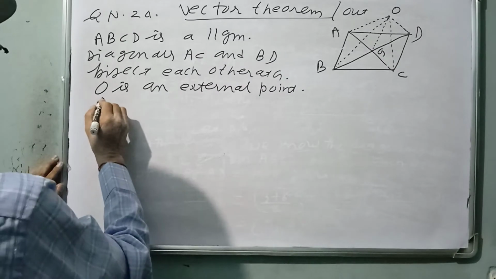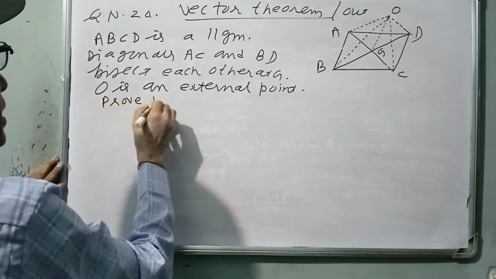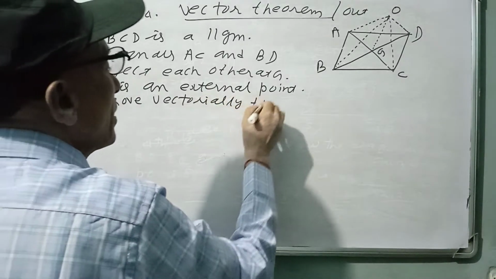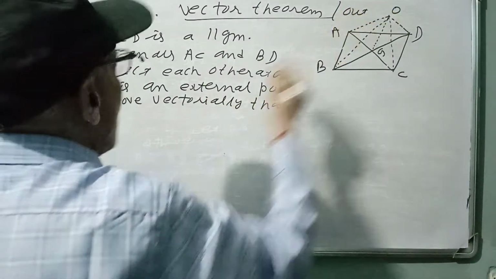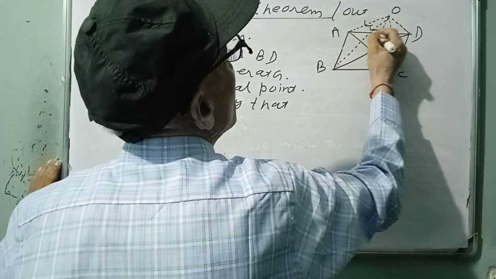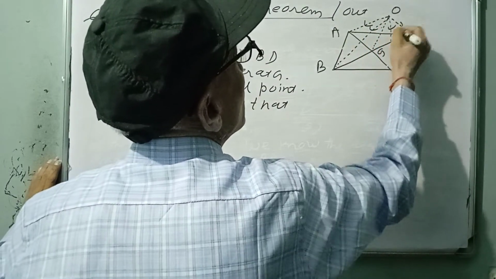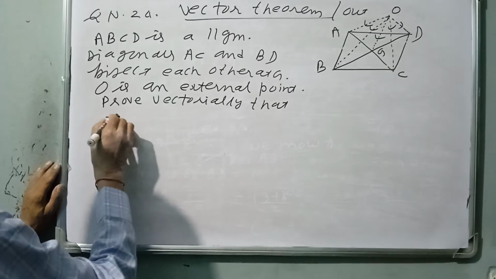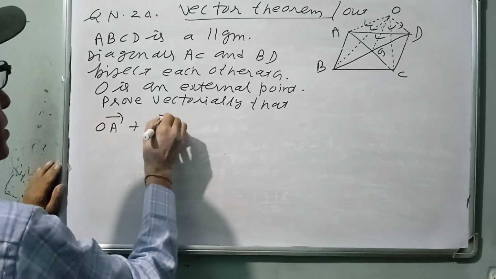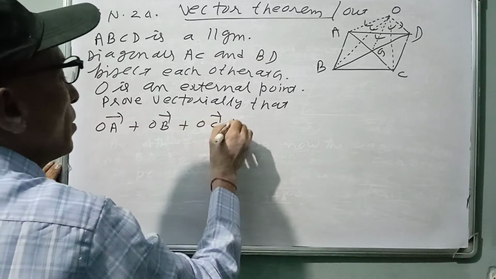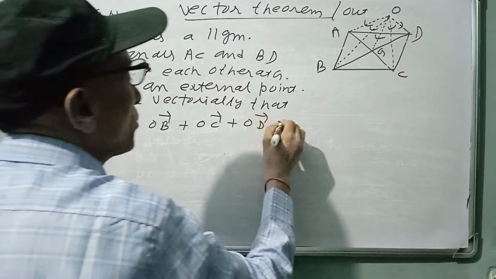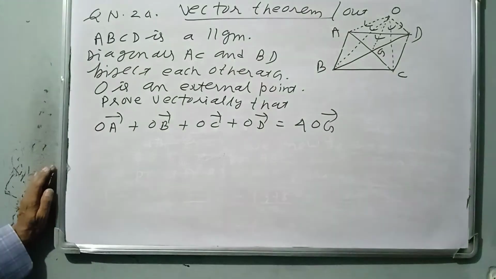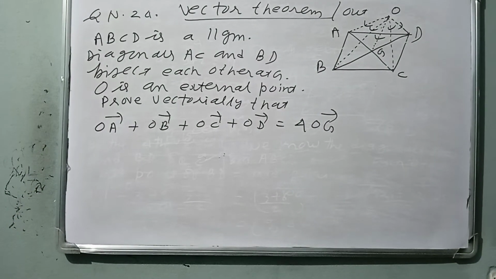What to prove? Prove vectorially that vector OA plus vector OB plus vector OC plus vector OD equals 4 vector OG. This is the question. The question is lengthy.